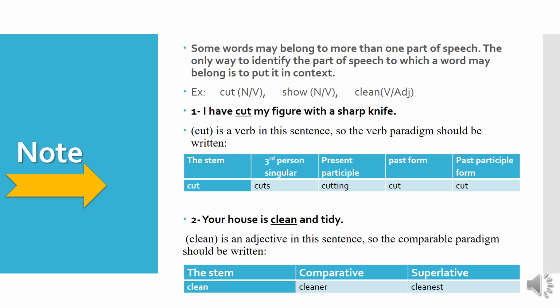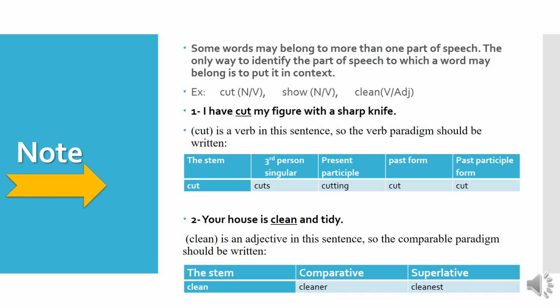But some words may belong to more than one part of speech. So how to recognize the part of speech to which the word belongs if it belongs to two parts of speech? The only way to know which part of speech the word belongs to is to put it in context in a sentence.